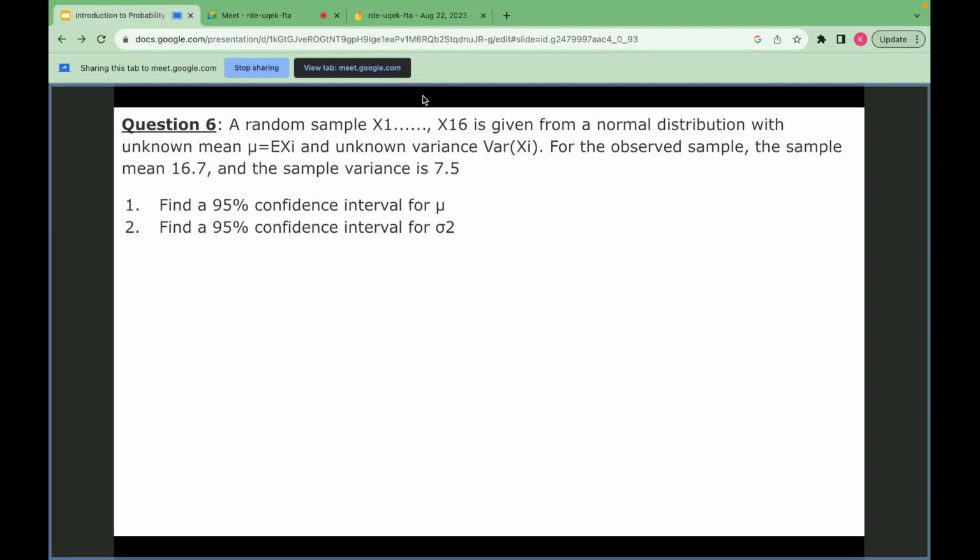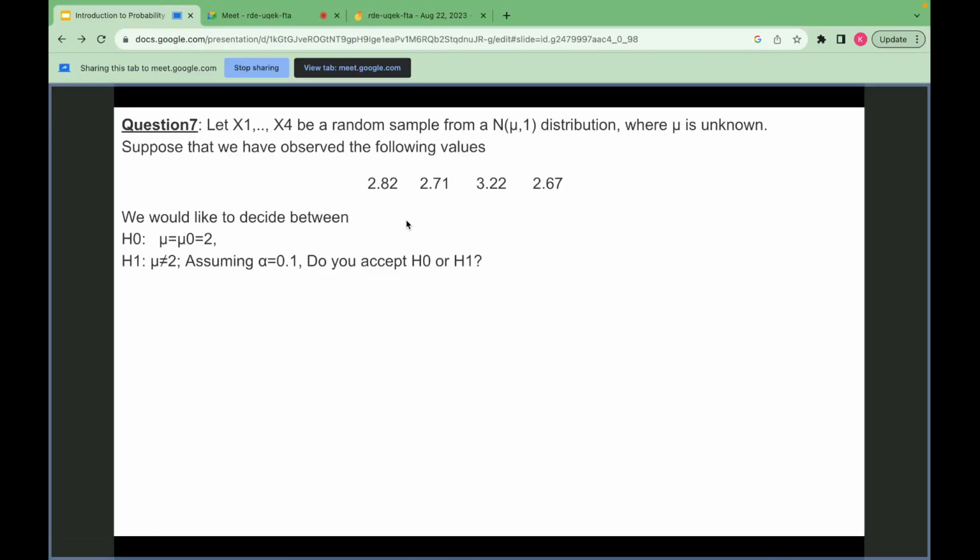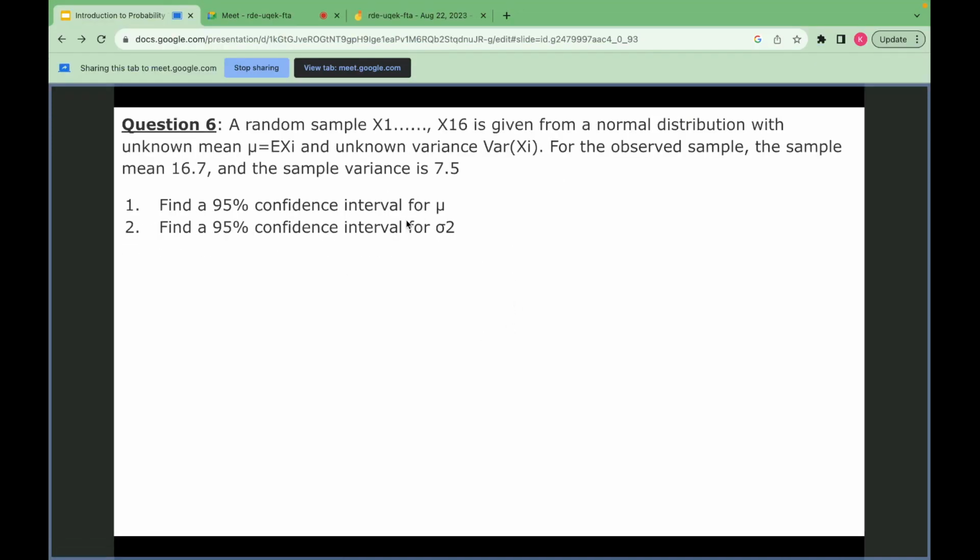So we have a random sample from x1 to x16, and it is given from a normal distribution with unknown mean and unknown variance. From the observed sample, we found that the sample mean is 16.7 and sample variance is 7.5. Now we need to find the confidence interval for the mean as well as for the variance with 95% confidence.